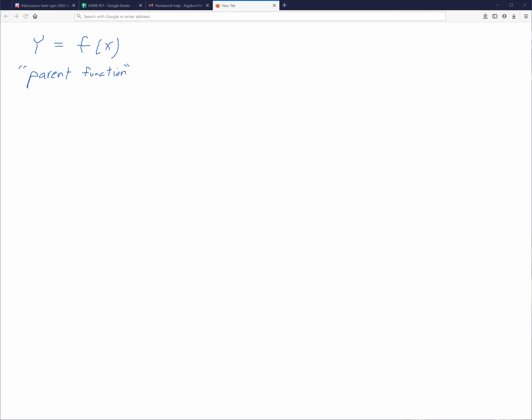Basically, we're going to take this parent function, whatever it is, and we're going to start jabbing numbers into it. So we're going to say, well, what happens if we take our function, whatever it might be? What if we multiplied it by something on the outside? So now it's like 3 square root of x. Or what if we multiplied it by something on the inside, which would be like square root of 3x?